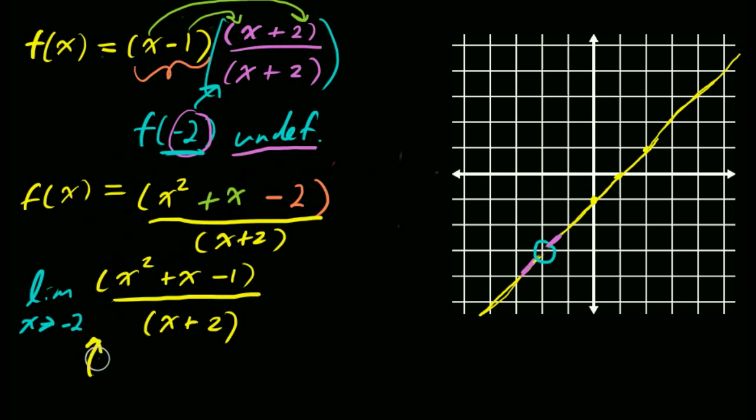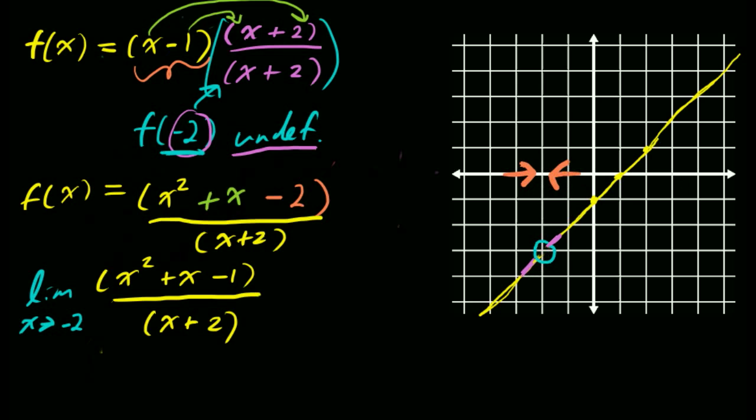And so, if you remember from the past videos, with this notation, the limit as x approaches minus 2 of x squared plus x minus 1 divided by x plus 2, we are asking: as x gets really, really close to minus 2, in the negative direction and in the positive direction, what does our function approach?